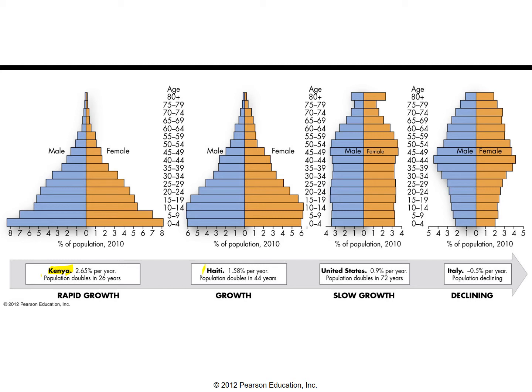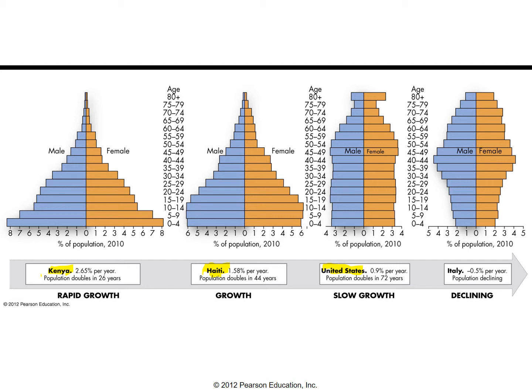Haiti is experiencing population growth of 1.58% per year, which gives us a doubling time of 44 years. The United States is experiencing a growth rate of 0.9% per year, which means that we can expect our population to double in about 72 years.